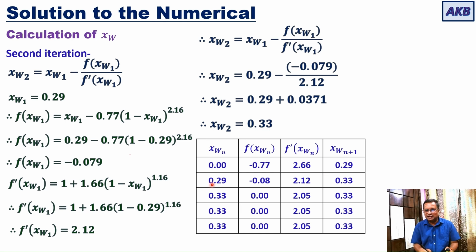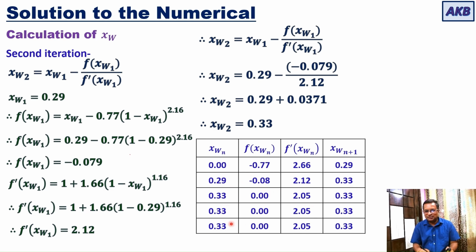And then in the second step, we got the function at xw1 as minus 0.079, which is approximately minus 0.08. The derivative of the function is 2.12 and the new value of xw is 0.33.